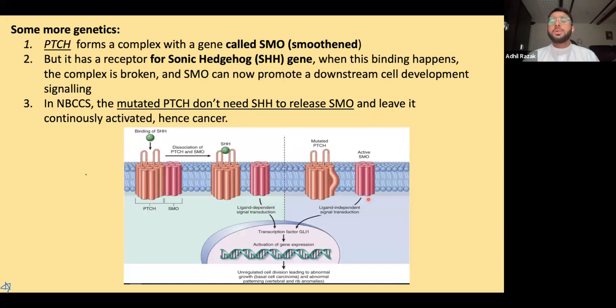This leaves SMO continuously activated, and it activates the cascade for cell expression. So there's unregulated cell division and abnormal growth, leading to basal cell carcinoma and abnormal patterns of cell growth. So hence cancer. I think that is the end of my presentation.